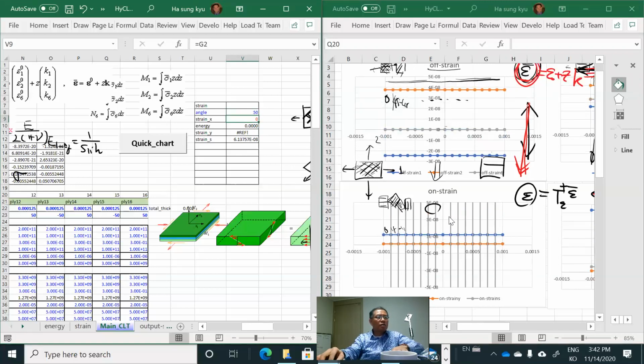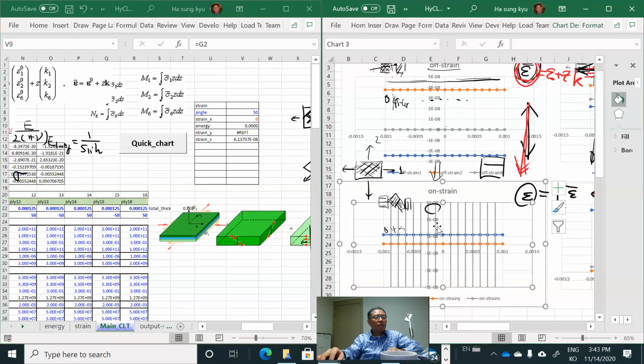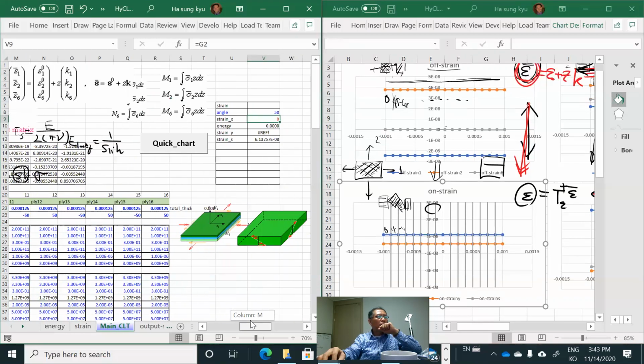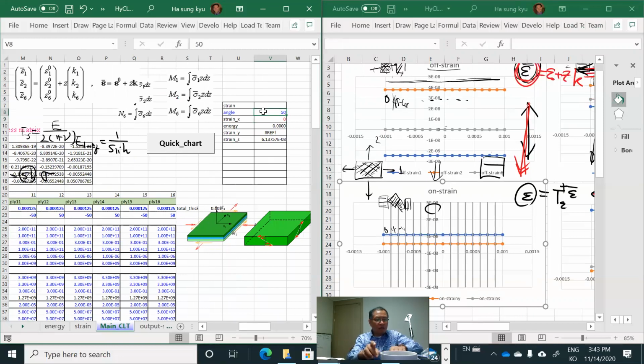While this shear strain is still very high, something is not okay. And then 60 degrees. Just pay attention to the X and Y components.